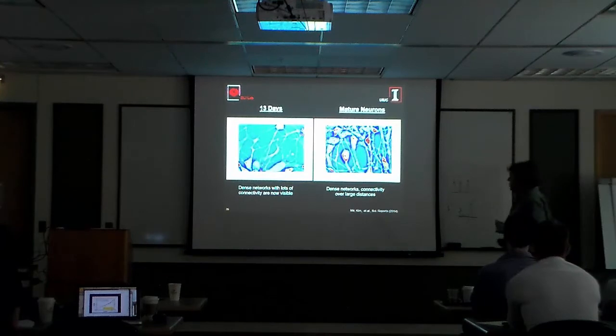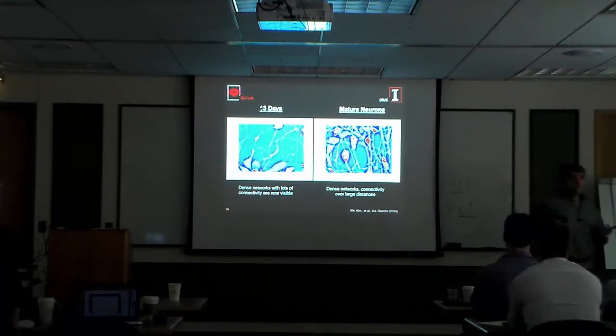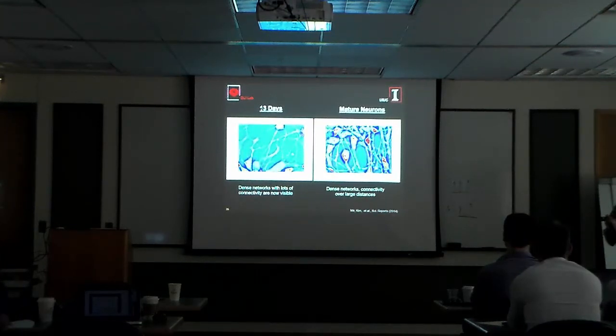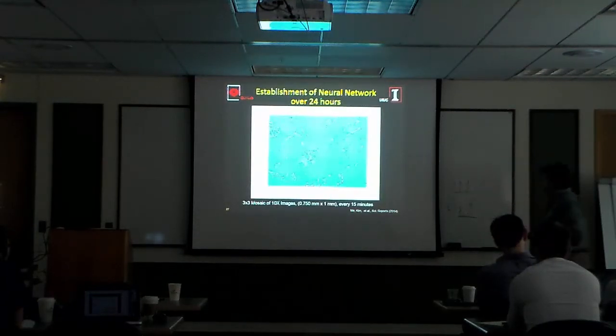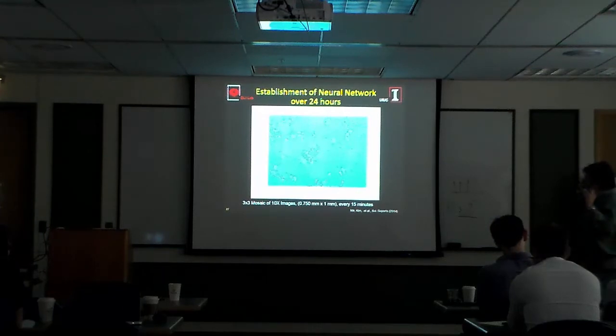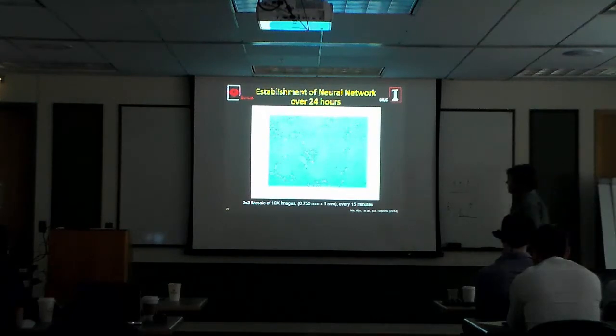For one thing, there are not many methods that allow you to image something over 2 weeks without killing it, right? So you cannot do this with fluorescence, for example. But basically, what we wanted to understand is, quantitatively, how can we look at these circuits, at these mature neurons?